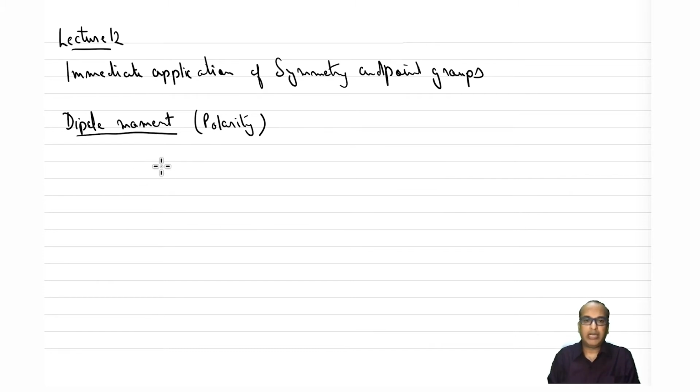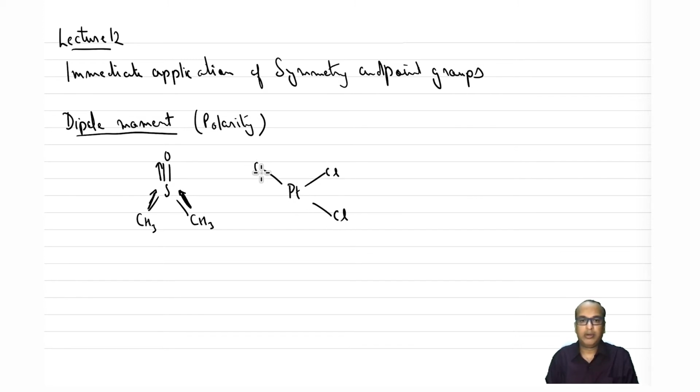So for example, if we consider some molecule, just an example, in this case the dipole moment along this bond and this bond and along this bond is not going to cancel with each other. Whereas if we look at a molecule like this, PtCl4, the dipole moment along this side versus along this side will cancel against each other.